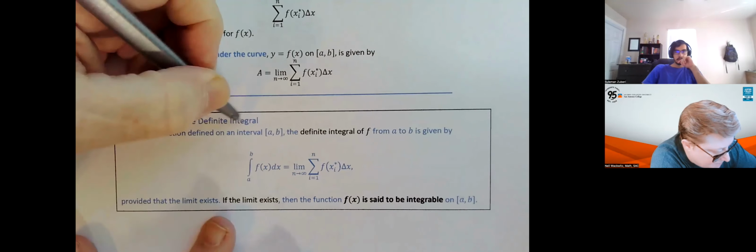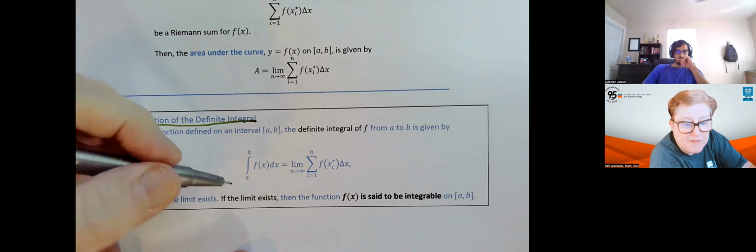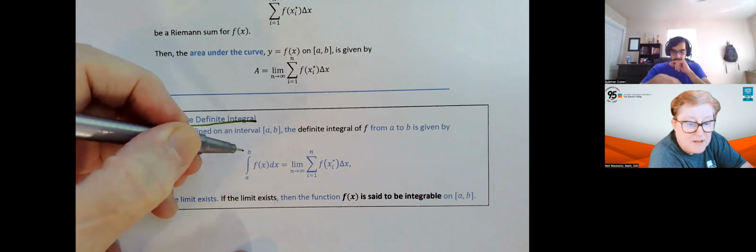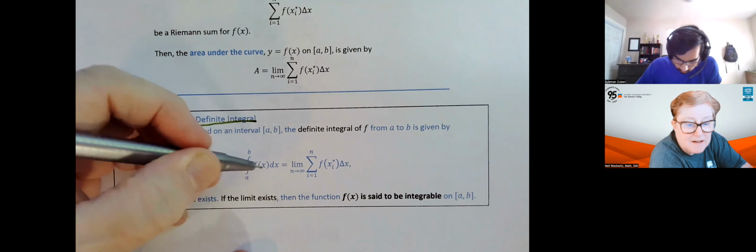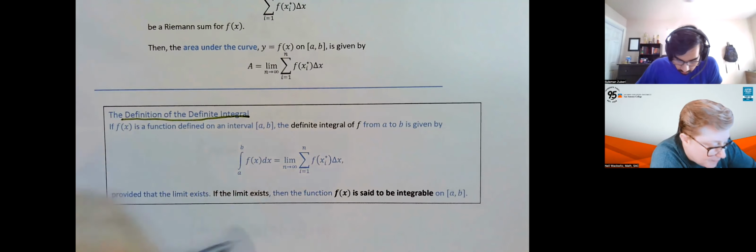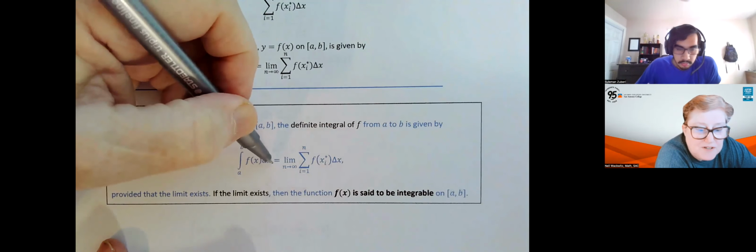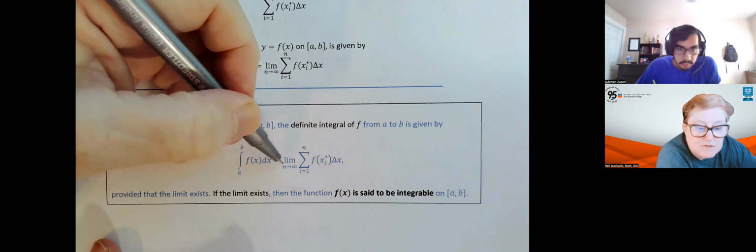The definition of the definite integral, the integral from a to b of f of x dx, is that Riemann sum we were just talking about, with in front of that the limit as n goes to infinity.